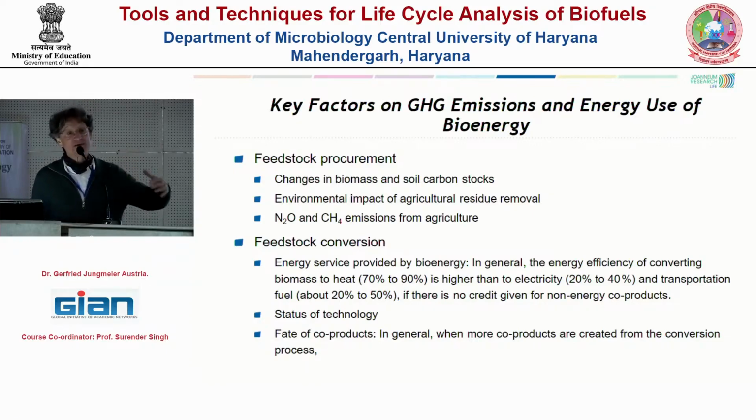So considering the nitrogen fertilization and the N2O emission in agriculture in the inventory analysis, we know this is relevant, so you have to have the necessary detail to really reflect this effect. Of course, the second part is, all the time you convert biomass into something else, you have a certain efficiency, because you never can convert it by 100%.